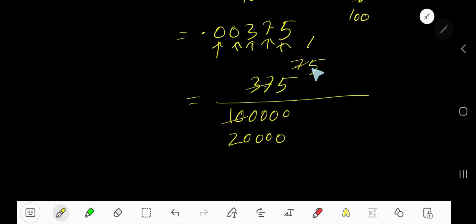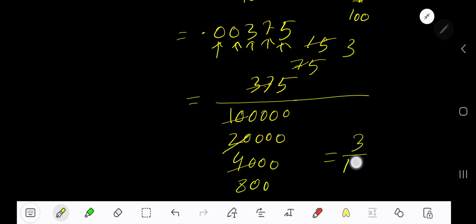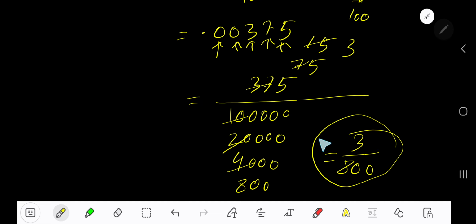Then it is divisible by 5 again. It is divisible by 5 again. You will get 3 and 8, 0, 0. So we are getting 3 over 100. As 3 is a prime number, the common factor between this and this is just 1. So this is the simplest form.